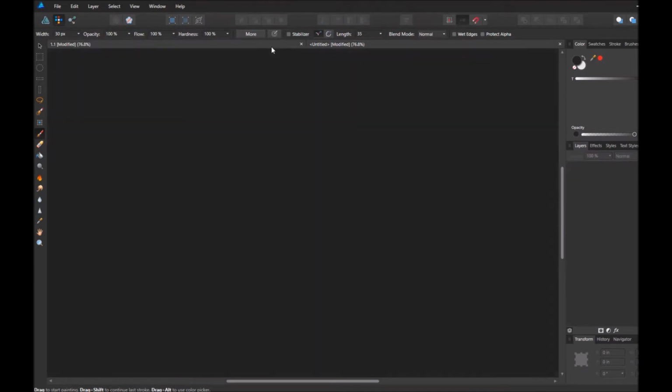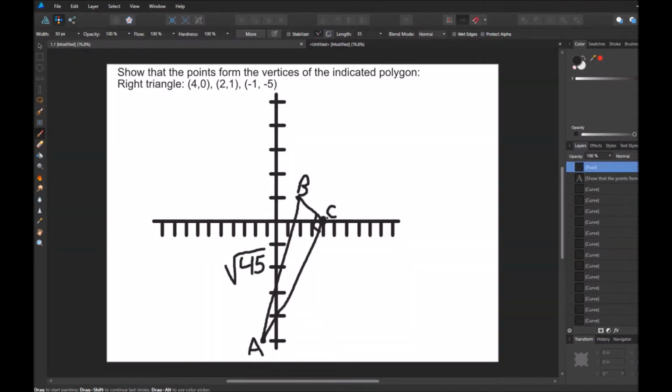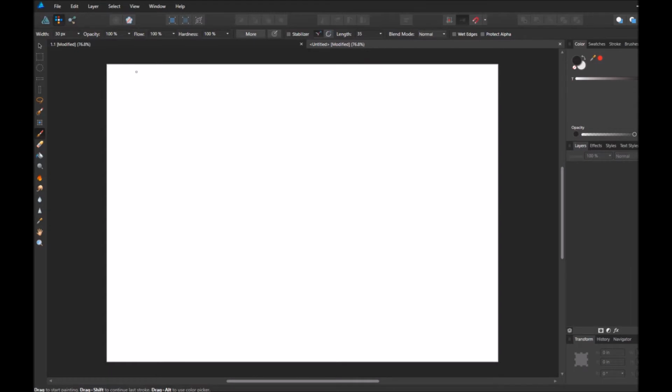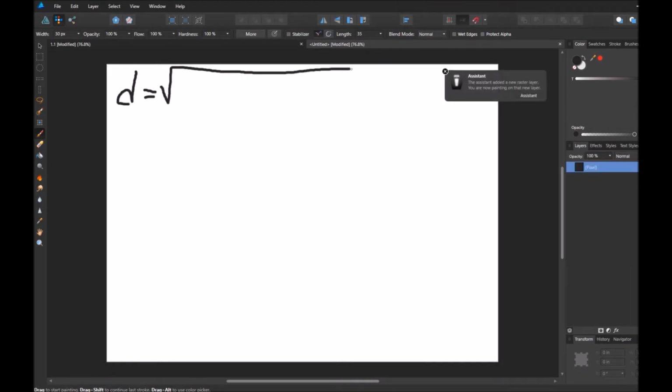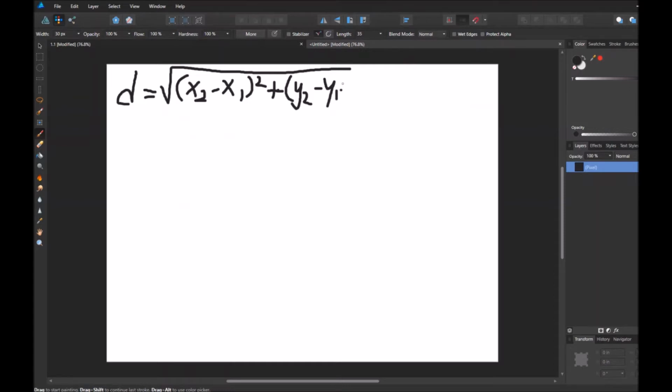Now, for the distance between point B and point C, again we have the same distance formula, the square root of x2 minus x1 squared plus y2 minus y1 squared.